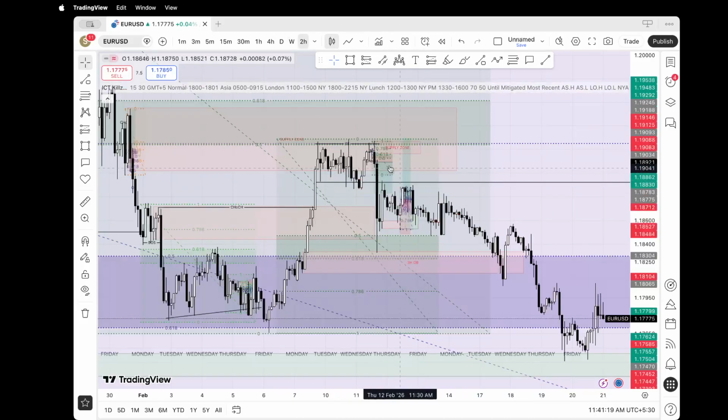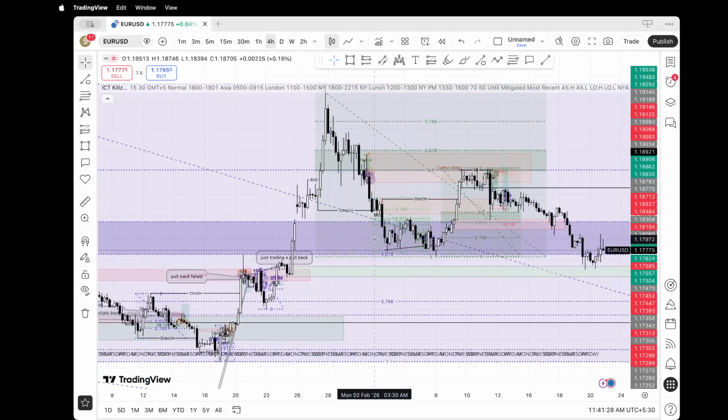After this sharp sell from the 4-hour order block, we were planning a buy. And why were we planning a buy? I will tell you.